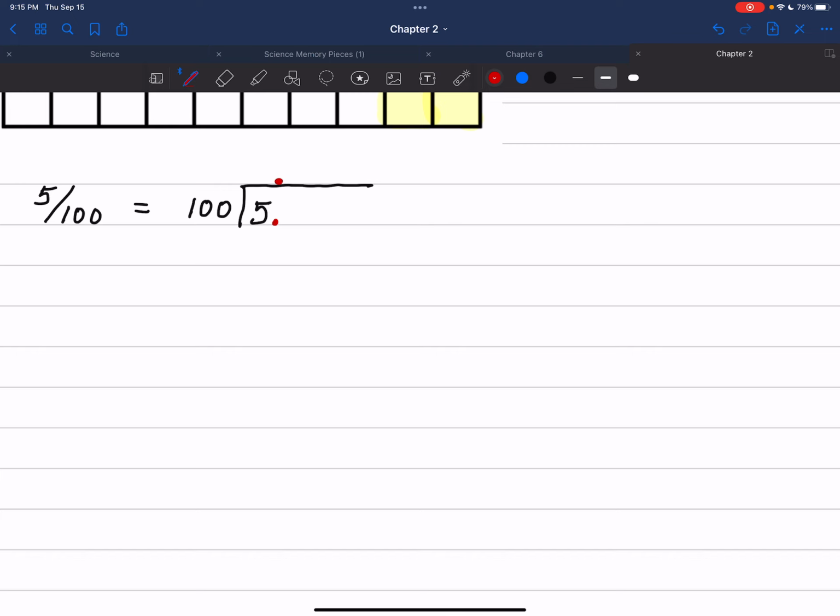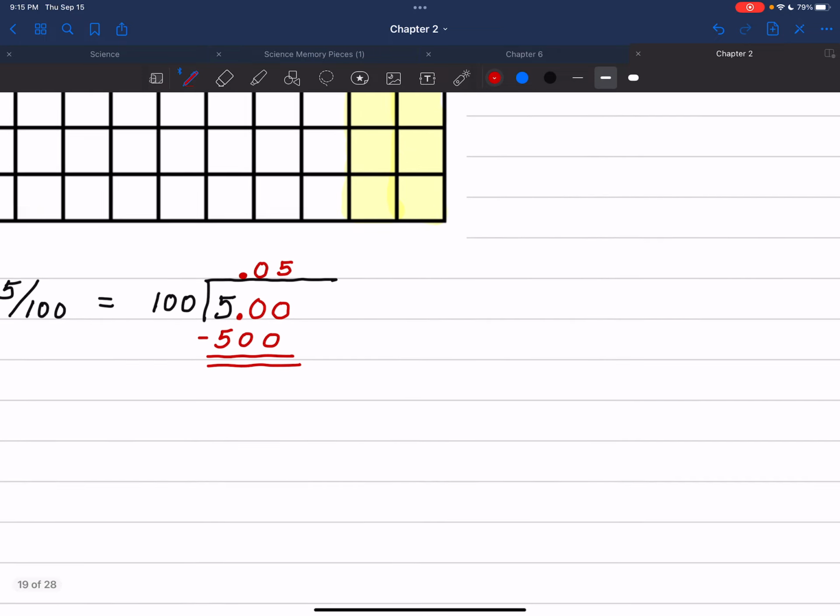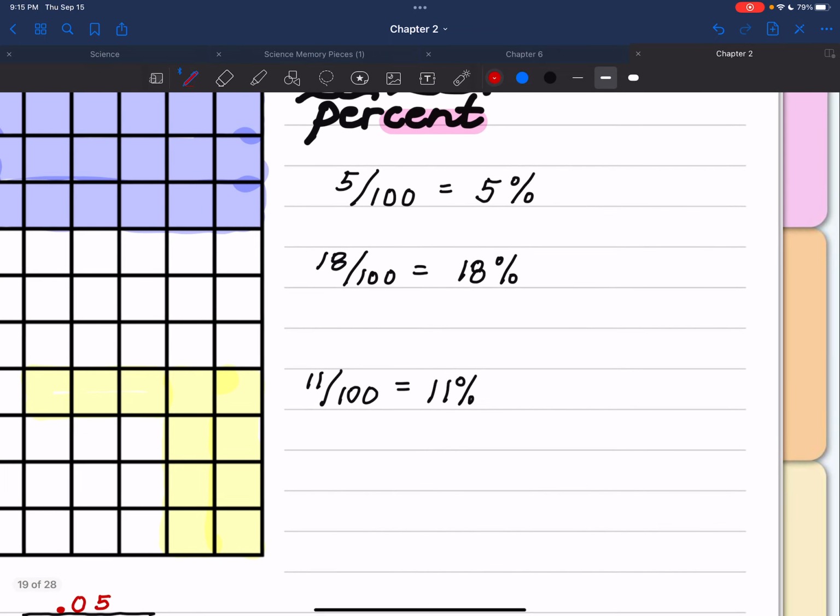So you'll add a decimal up there. And 100 cannot go into 50, so we'll put a 0 there. Then I'll add another 0, and 100 goes into 500 5 times. 5 times 100 is 500, and so we have no remainder. So 5 over 100 is equivalent to 0.05.